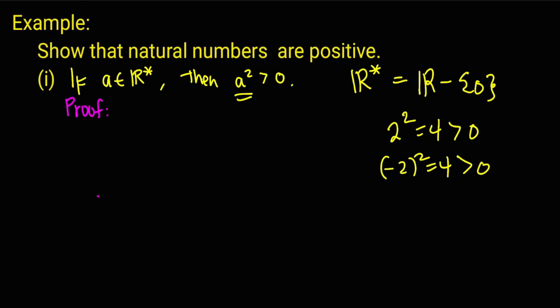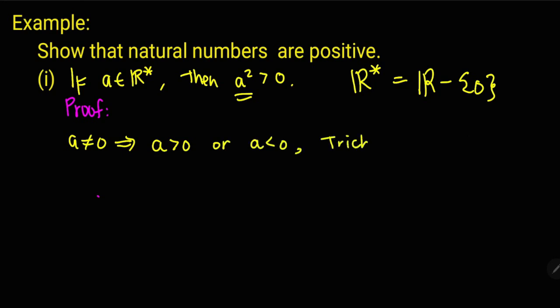So from the given, A is not equal to 0. By trichotomy, we can only have two possible scenarios: either A is greater than 0 or A is less than 0. That's the trichotomy property. Now, what if A is greater than 0? Let's look at each case.